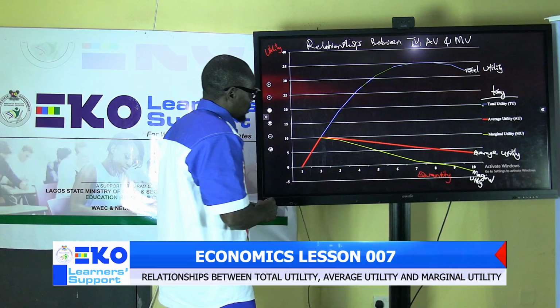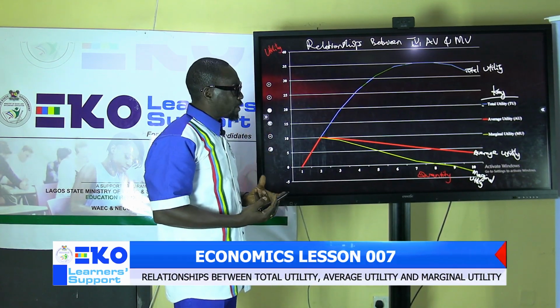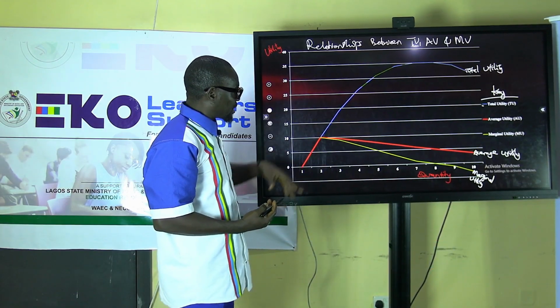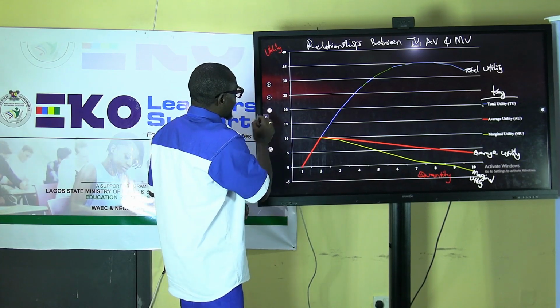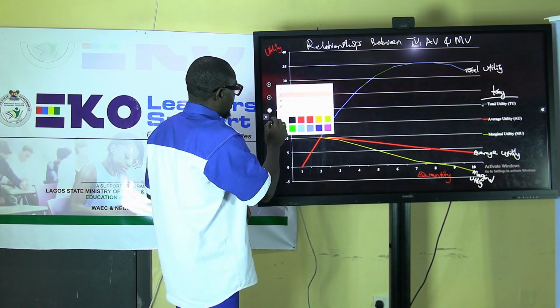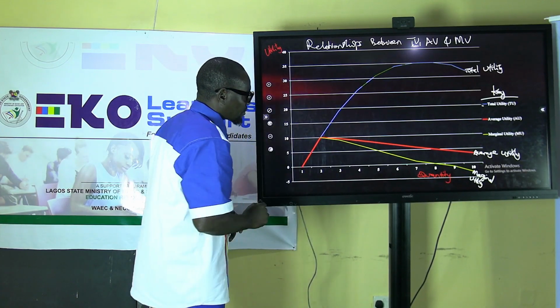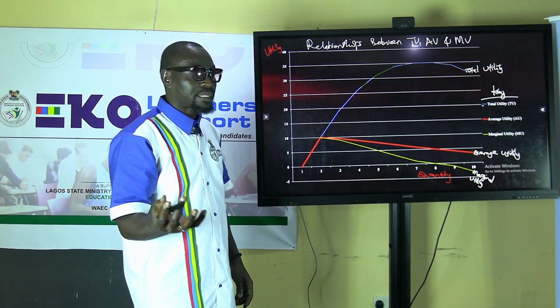So, previously we had seen some relationship or some interplay between marginal utility and total utility, where we saw that when marginal utility is positive, total utility is rising. And when it is zero, total utility is at its highest.